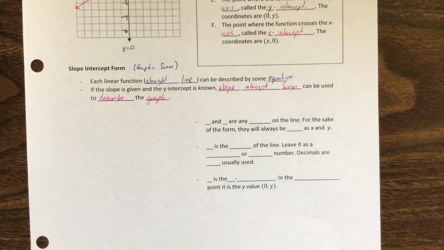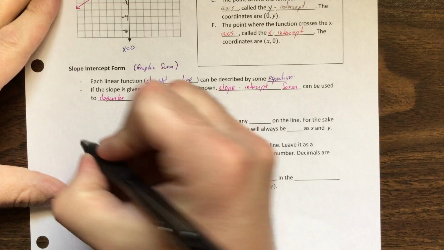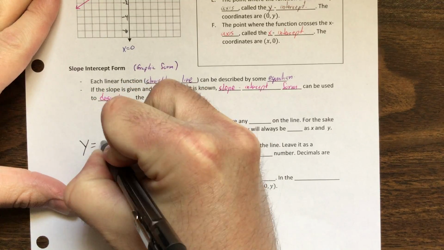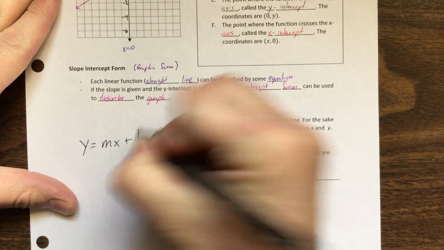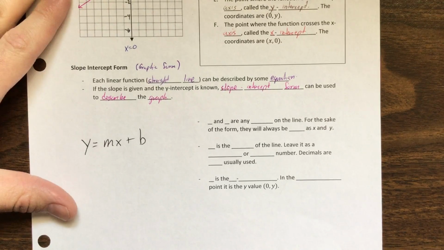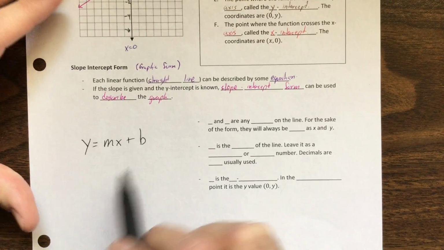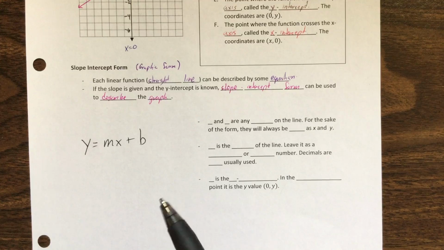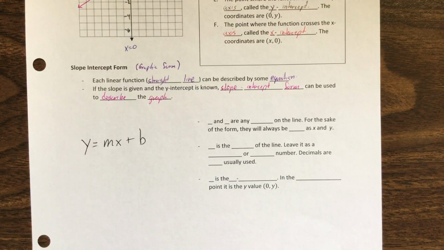Now, slope-intercept form looks something like this here. y is equal to mx plus b. That is the form that we have, and we're going to use that to create an equation.